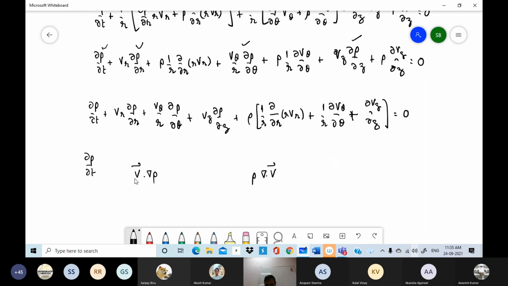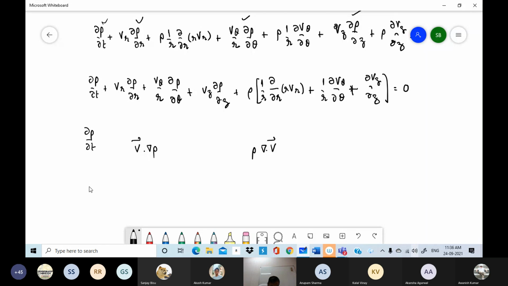So in vector form, del dot rho V was V dot grad rho plus rho divergence of V. So this expression must remain the same. Now that I have the explicit expression in terms of components, these terms represent rho del dot V. This must represent V dot grad rho.